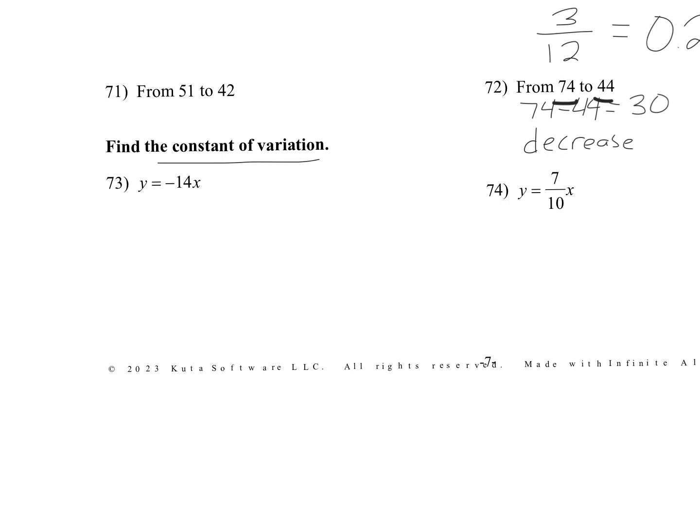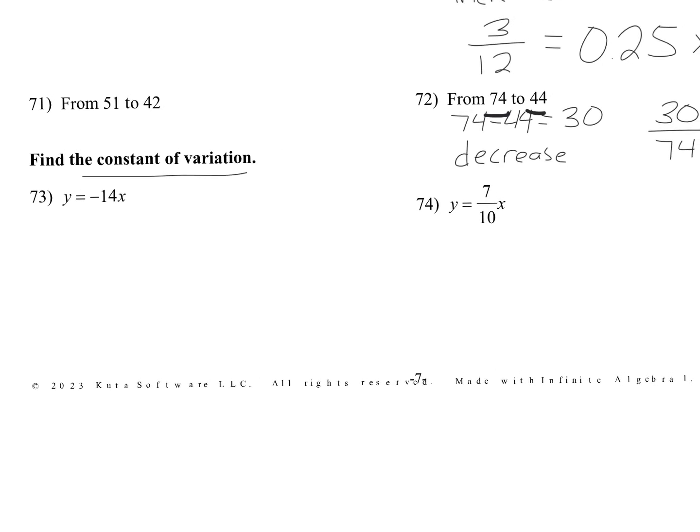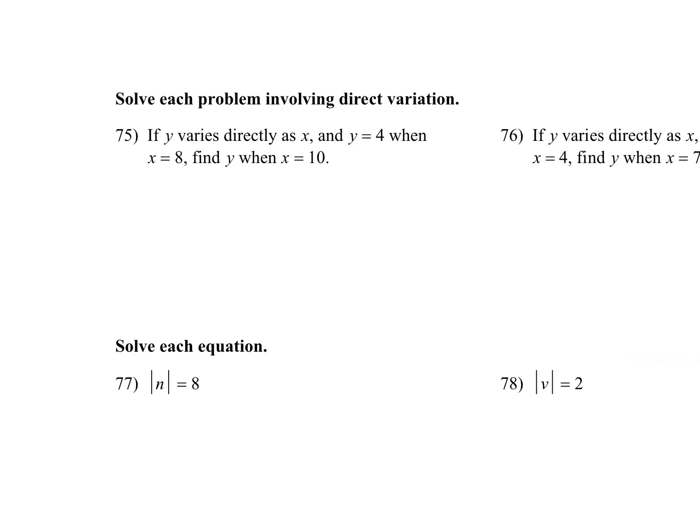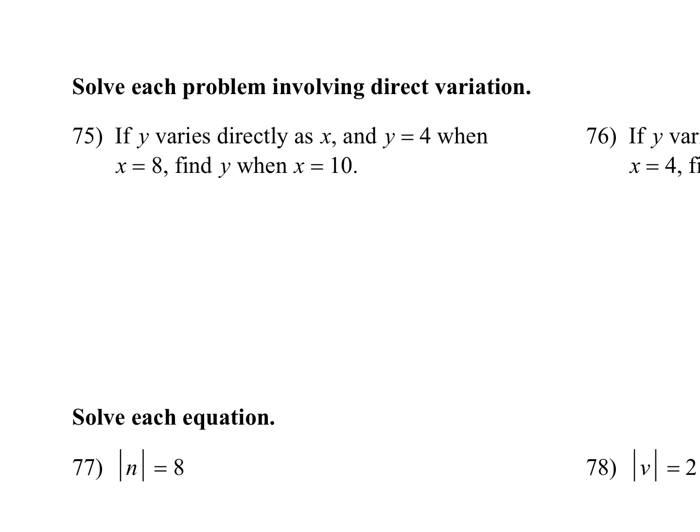So what's the slope or constant of variation of 74? 7 over 10. Same thing. Constant of variation and slope are the same thing. Okay? Working with direct variation, we just said that it's basically the same thing as slope, right? Remember y equals k times x?